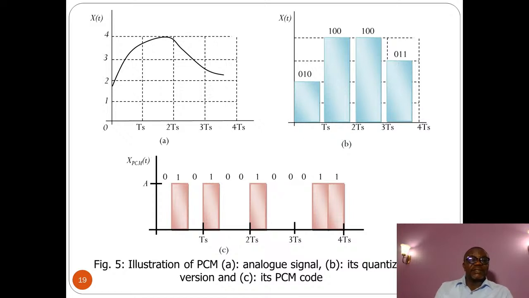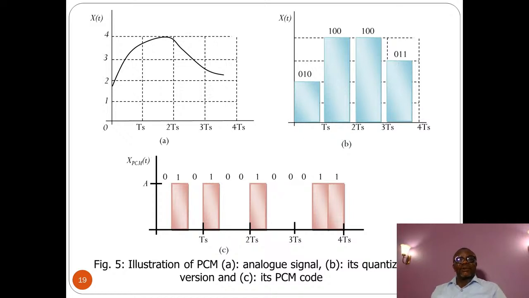Likewise, at TS, we say it's closer to 4 than 3, but it is not up to 4. So that difference introduces another error. At 2TS, it is closer to 4 than at TS, but we still called it 4. So there is another error introduced.